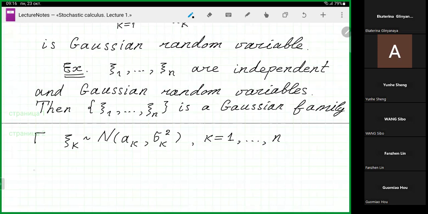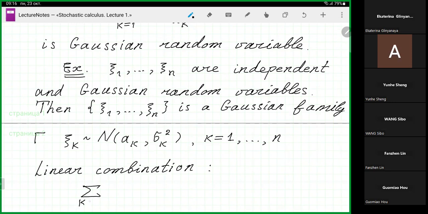We just have to consider a linear combination of our random variables with arbitrary coefficients. This will be a sum from k equal 1 to n, for example, c k psi k. The question is whether it is a Gaussian random variable or not.